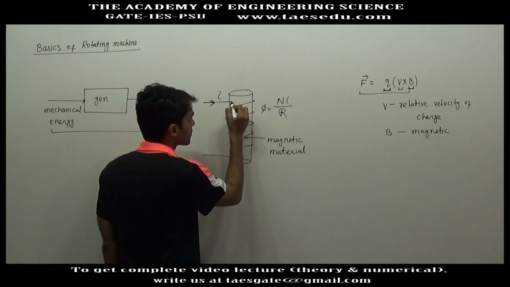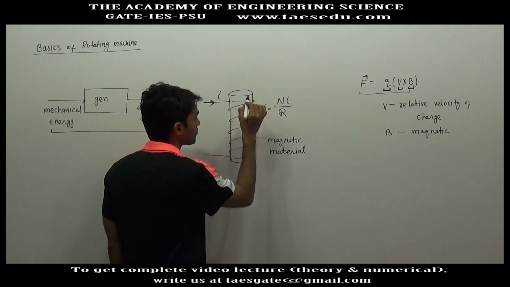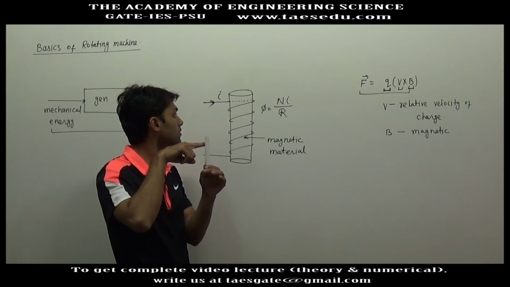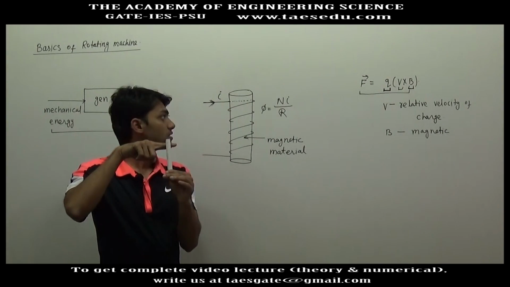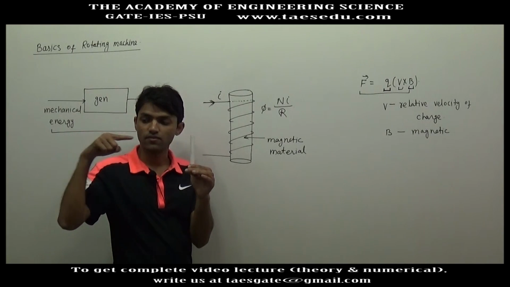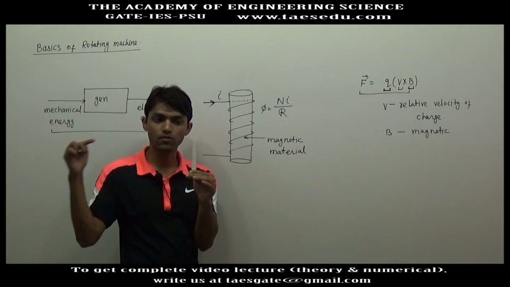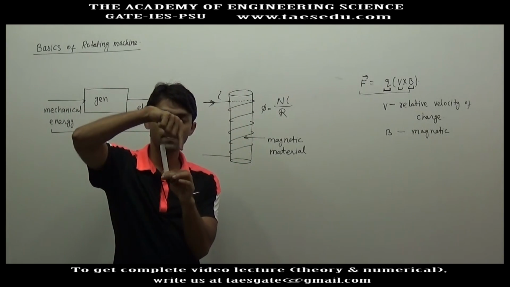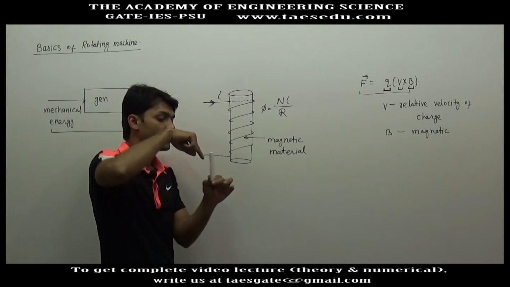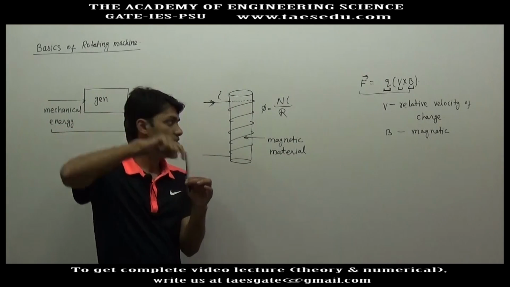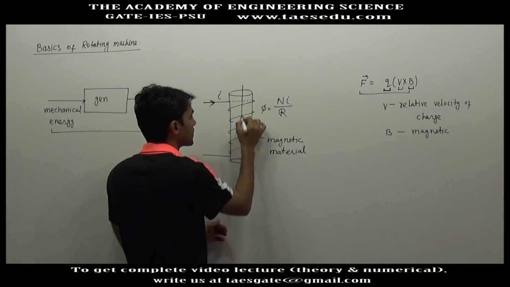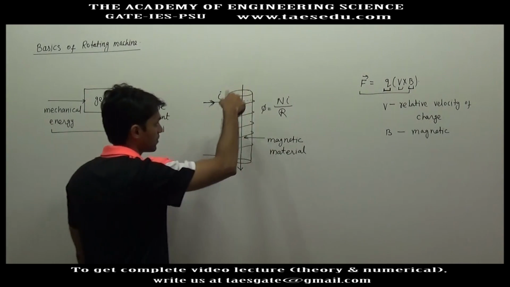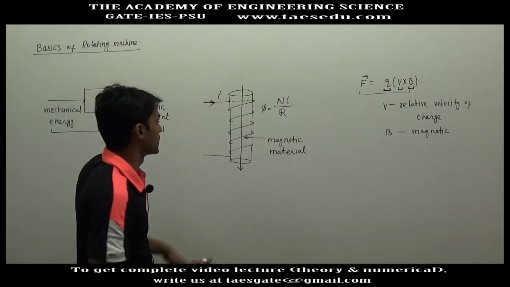Suppose the first turn is from the back side, and the direction of current is from right to left, so this current will make a clockwise loop, and if current makes a clockwise loop, the direction of magnetic flux will be in downward direction.